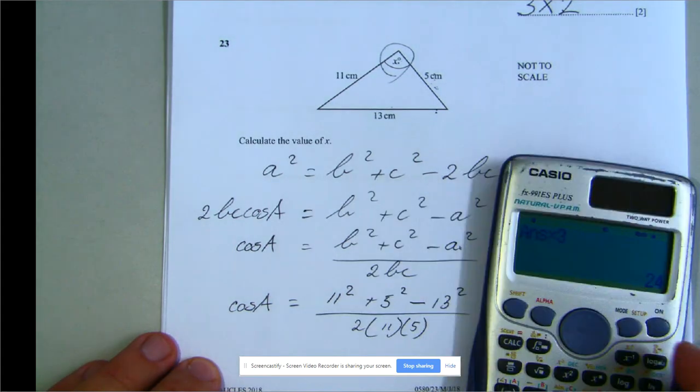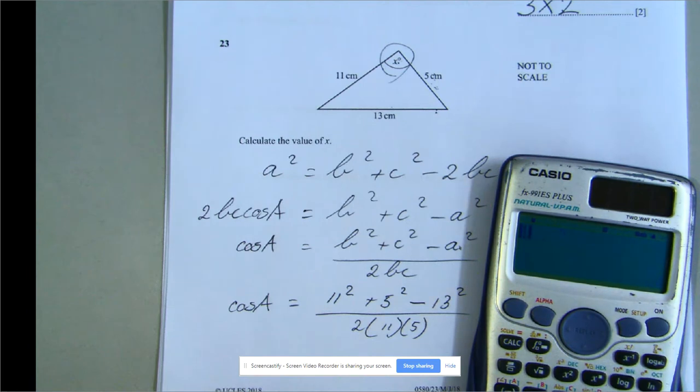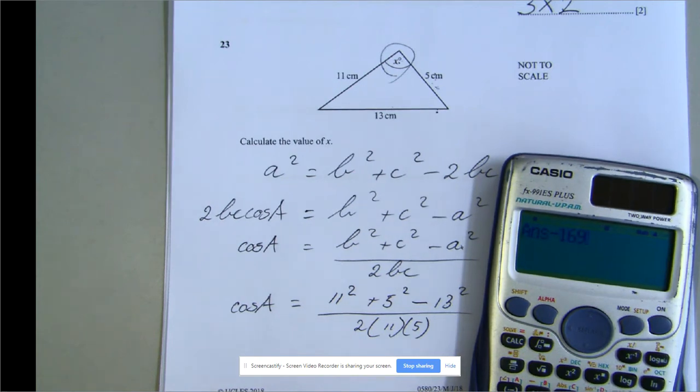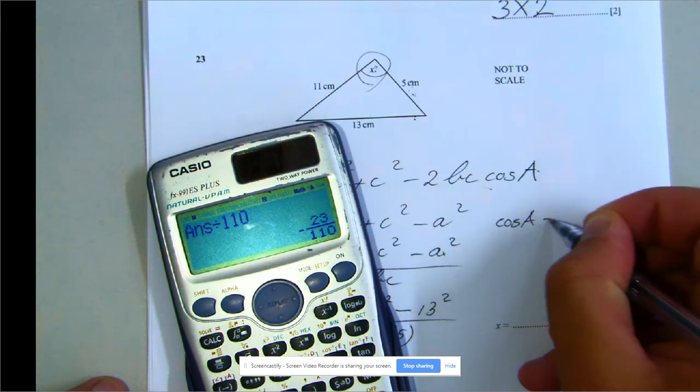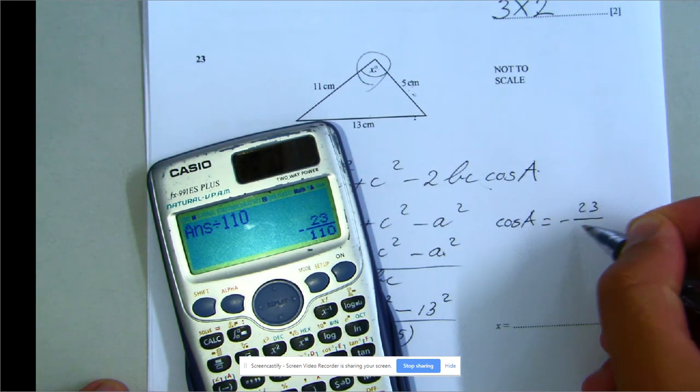Fantastic, let's work that out. 11 squared, 121, plus 5 squared, minus 13 squared, 169, equals, and that divided by 110. So cosine of A equals minus 23 over 110.